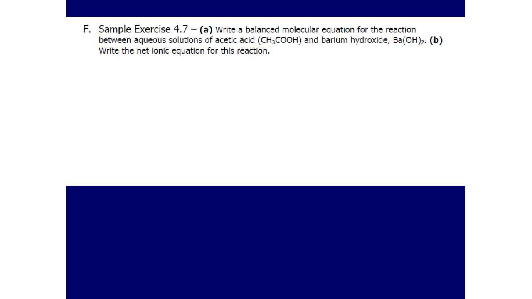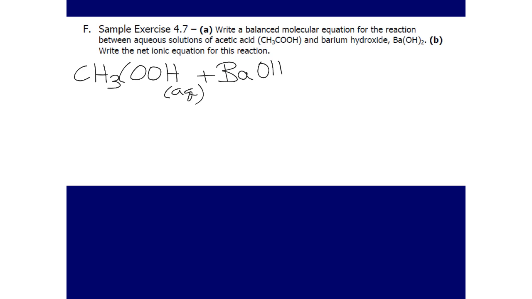All right, so now we are going to do this again, but this time we are going to react acetic acid, and they said that that would be aqueous, so we'll include that, and barium hydroxide, and that would also be aqueous.